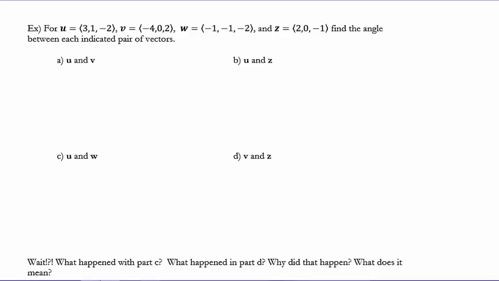So, long story short, we did all that before to say that cos theta equals a dot b over the magnitude of a times the magnitude of b.